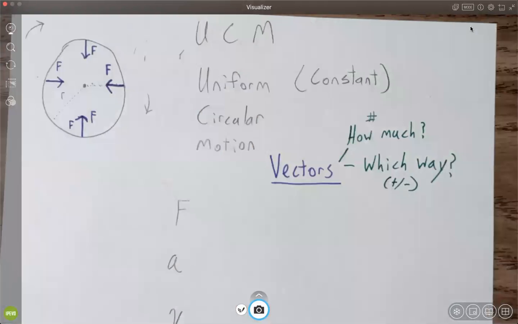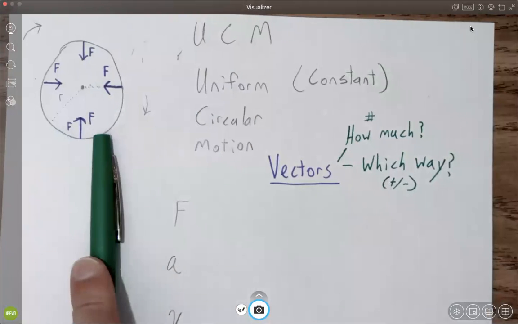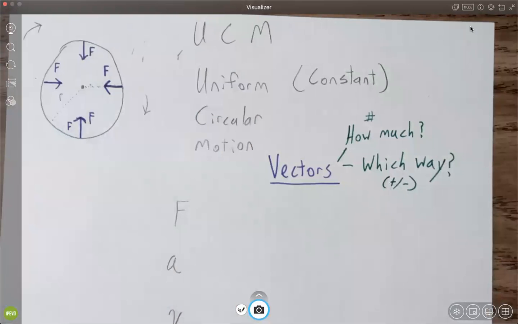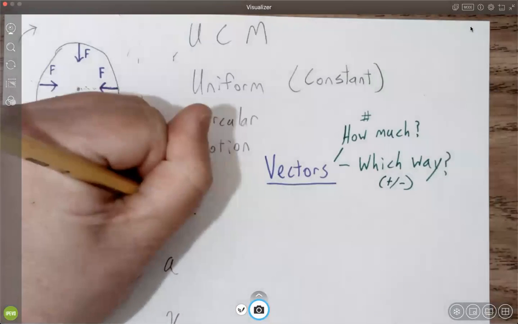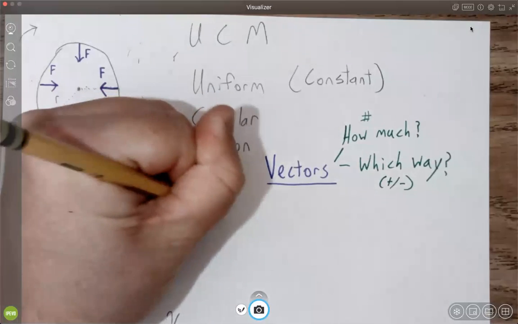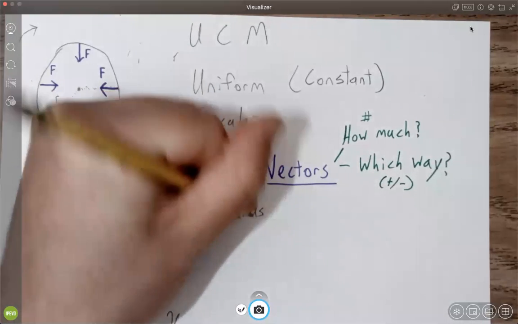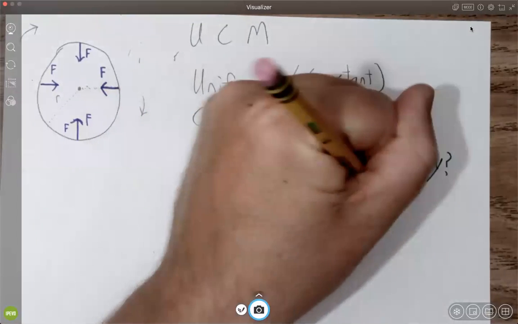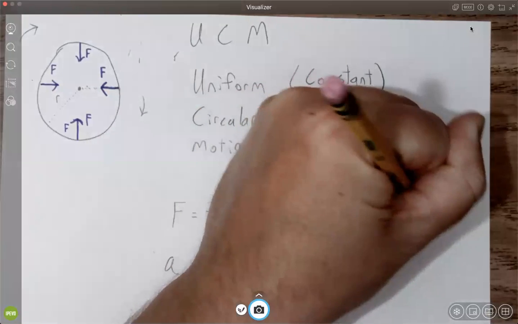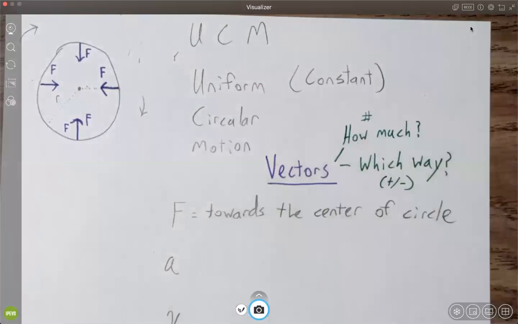So this force is going towards the center. So we see it when it was connected to the string of the fan, the string on the fan, which was towards the center of the fan with respect to the cat. This force was towards the center. It's towards the center of the circle.